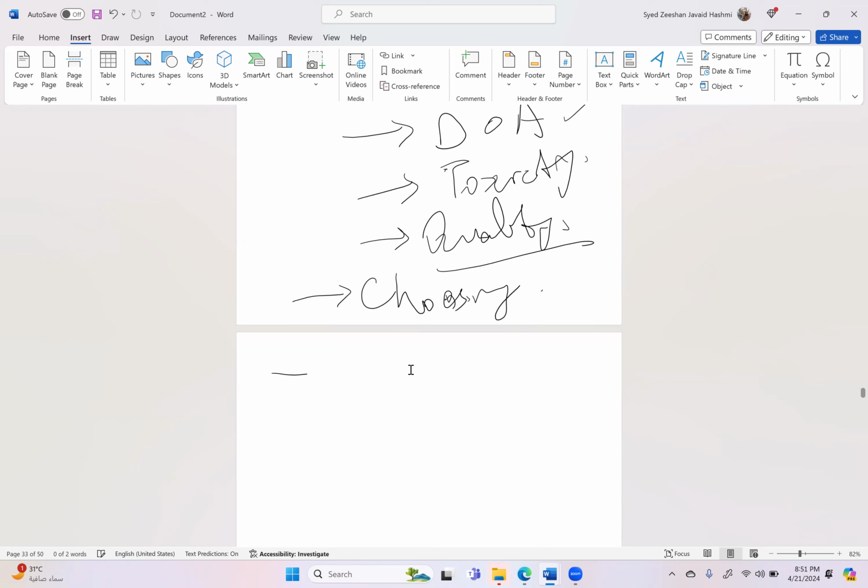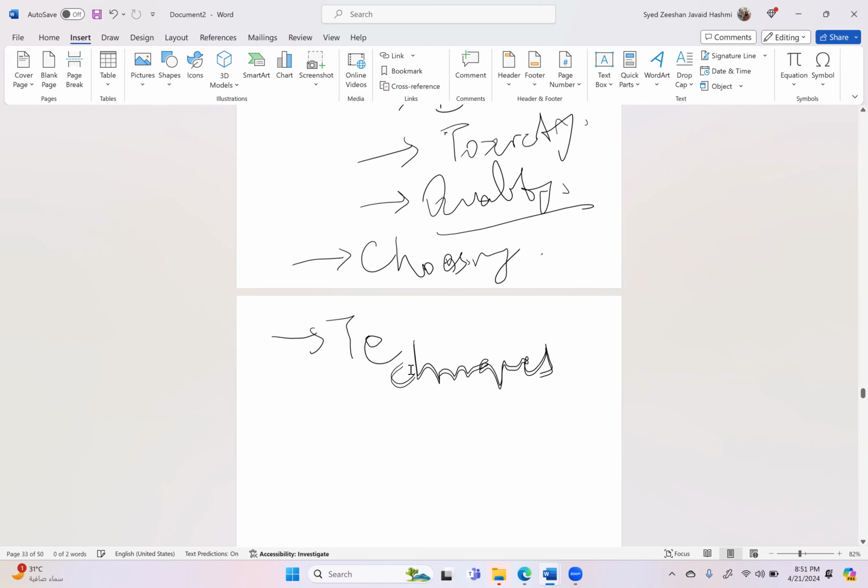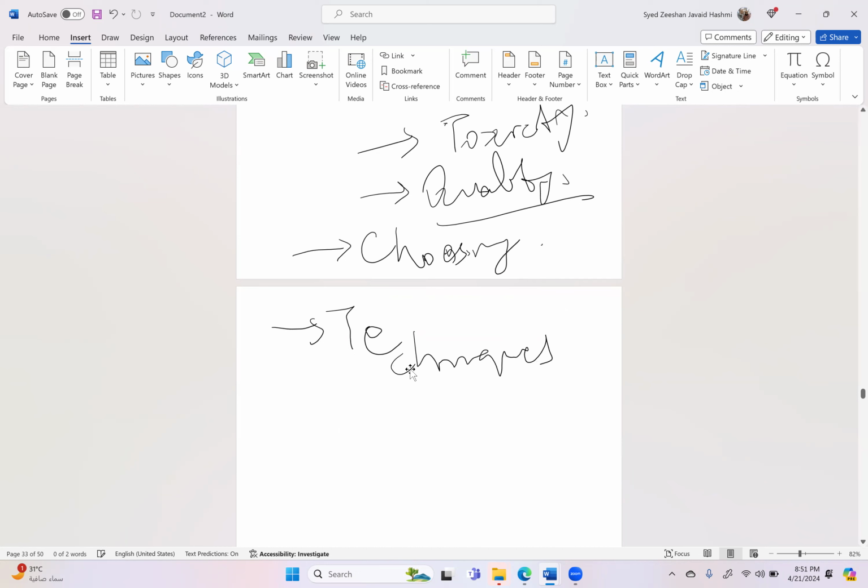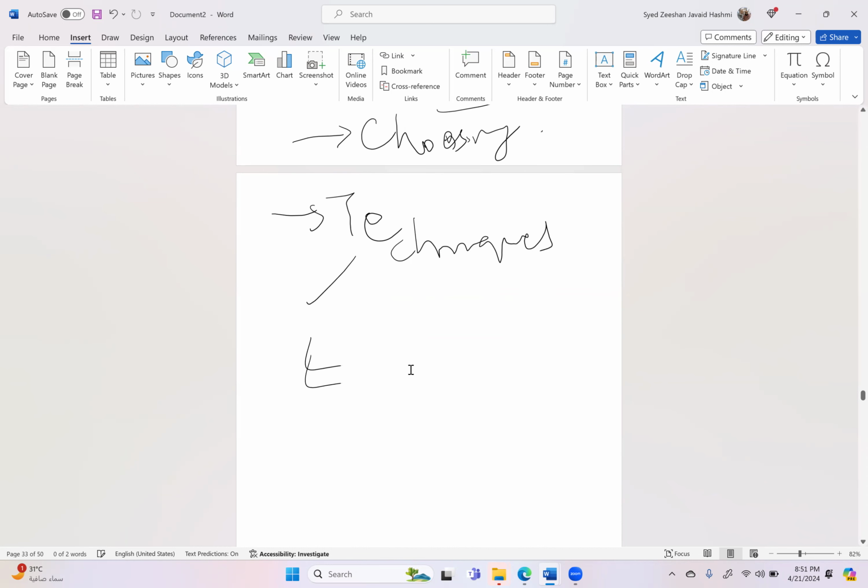Then, what are the different techniques? Techniques means the different ways you can perform it, and the endpoints. I would like to use this word endpoints.